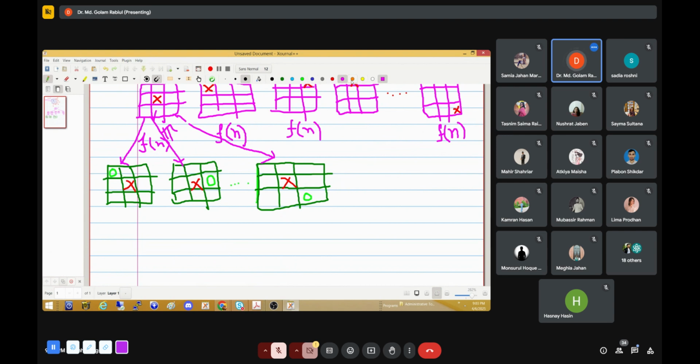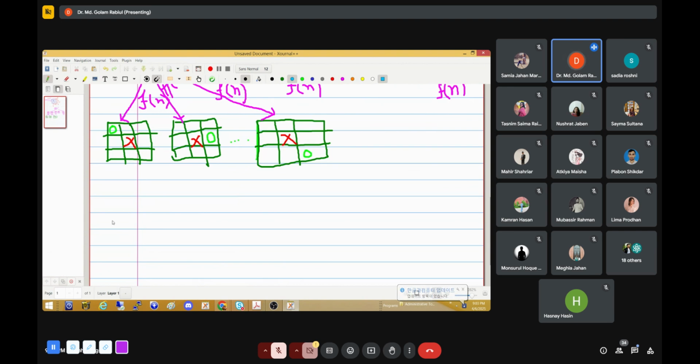And then in that case, maybe after the opponent's movement, you have to think about the next state or next phase. Maybe the opponent movement is this. Then we have to think about the next states.